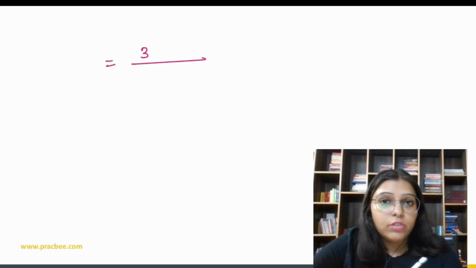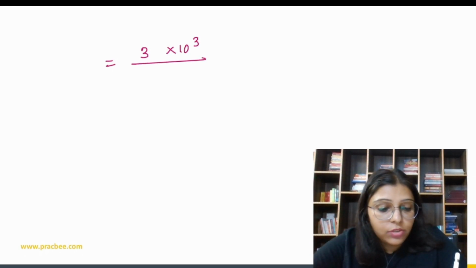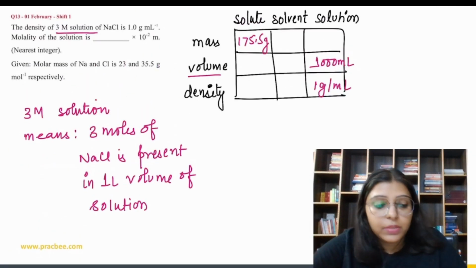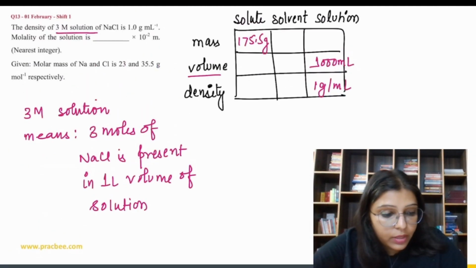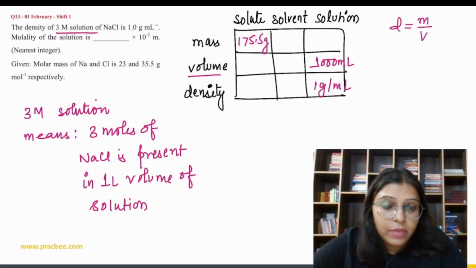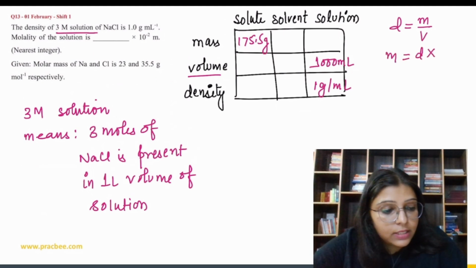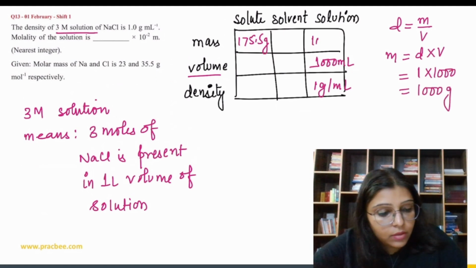Now we have to find out the mass of solvent, which we are going to find from this table. How? From the density formula, density is equal to mass upon volume. So the density of solution is equal to mass of solution divided by volume of solution, so mass of solution is density into volume. Density is 1 and volume is 1000, which is equal to 1000 gram.